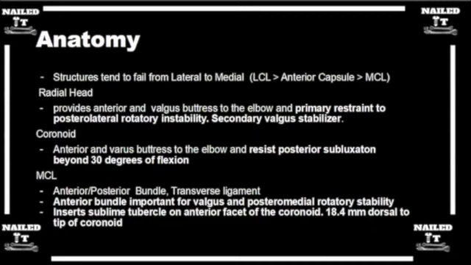And lastly, the muscles, the flexors and the extensors attached to the medial and lateral epicondyle, are also important to stability. That's the beauty of this joint and this injury. You have to imagine and go through all of that in one surgery.